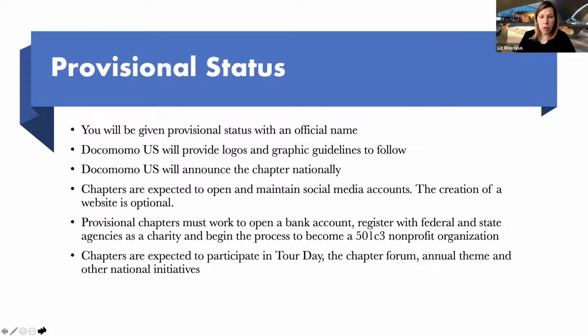We are also more than happy to announce when you're having meetings, especially during the formation period, to get more people interested. Chapters are expected to open and maintain social media accounts. The creation of a website is optional. We do offer pages on our website for all of the chapters.